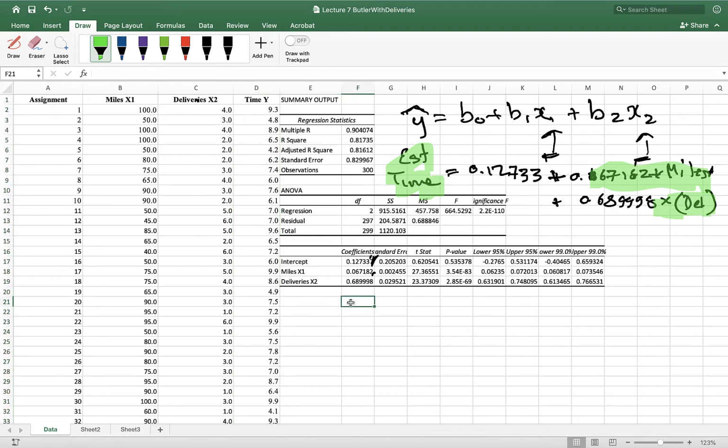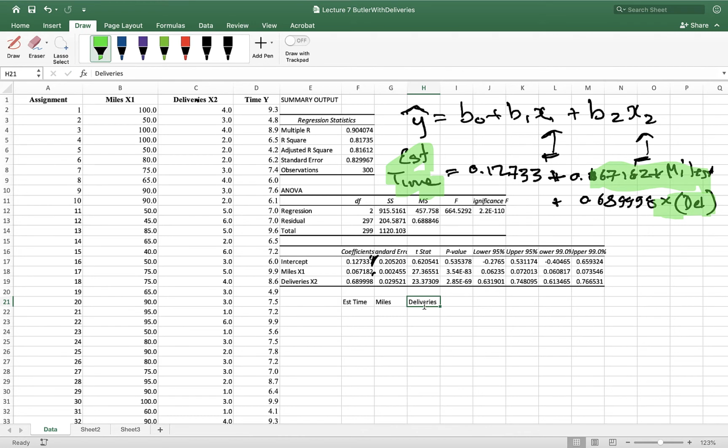So let's do estimated time. The estimated time for somebody to make a certain number of deliveries and a certain number of miles. So that's the miles, and these are going to be the number of deliveries they're going to make.